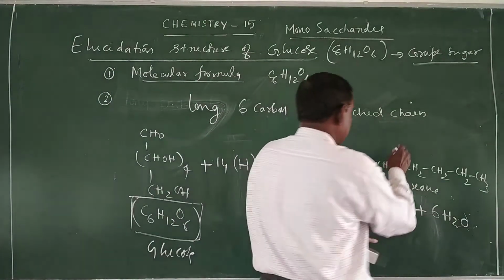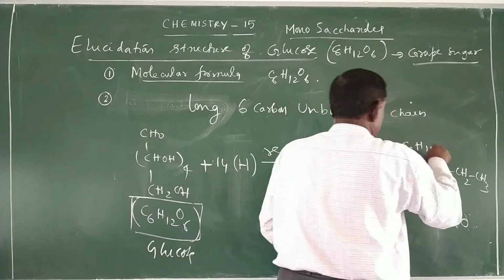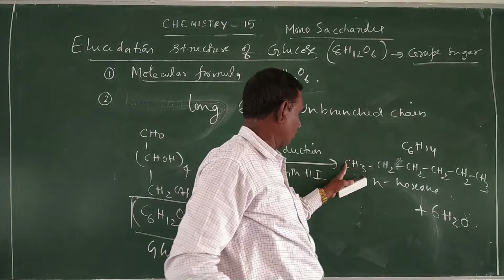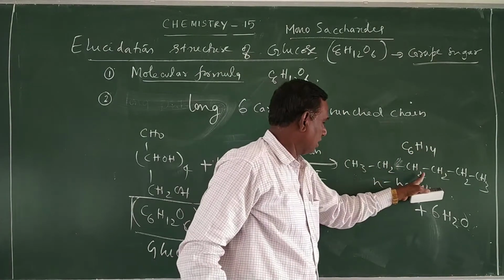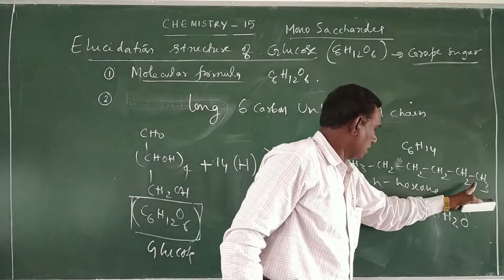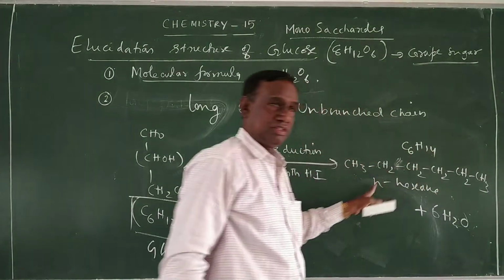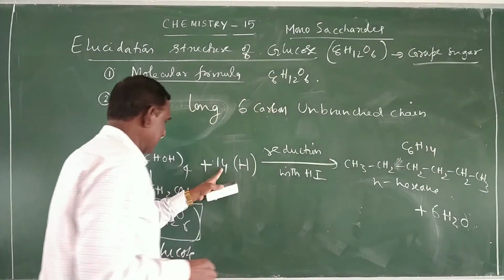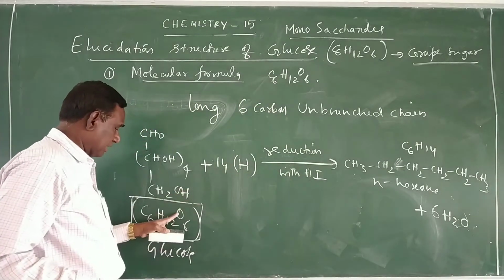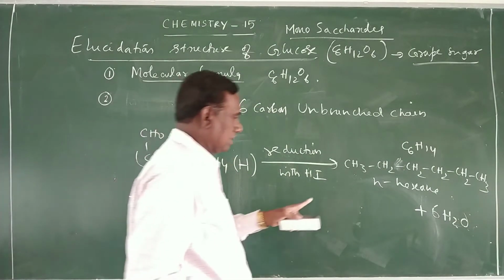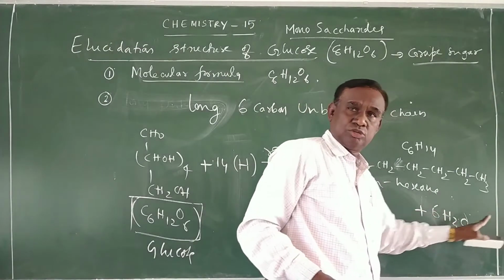So n-hexane is nothing but C6H14. Remember, it is C6H14: 6 carbons, and hydrogens 3 plus 2 is 5, 7, 9, 11, plus 3, 14. The remaining 12 hydrogen atoms react with the 6 oxygen atoms, giving 6H2O.